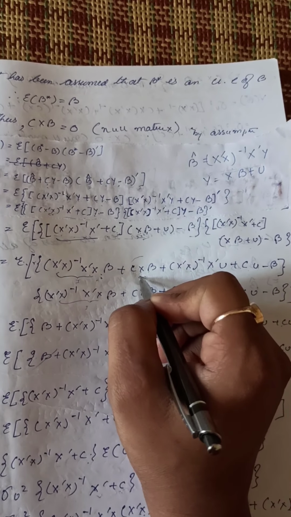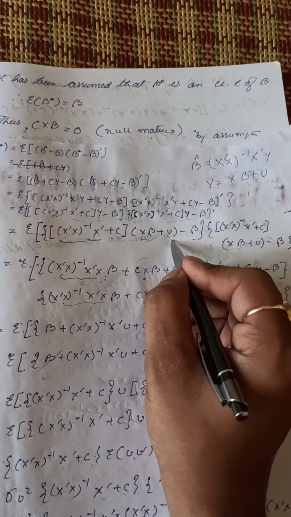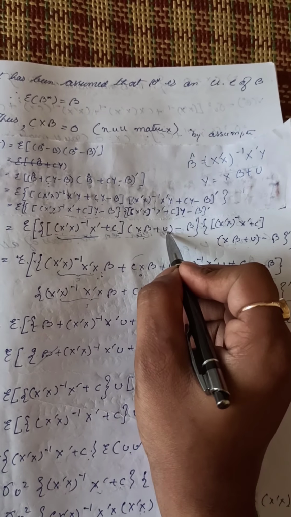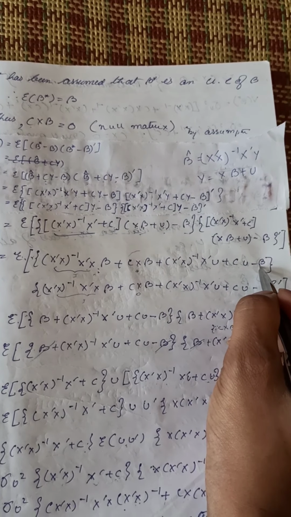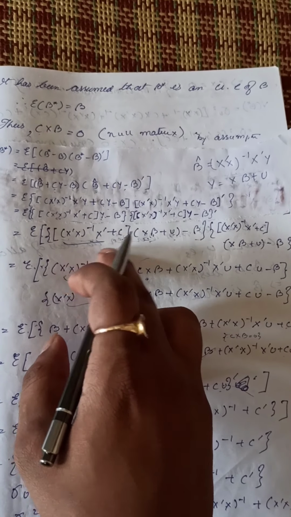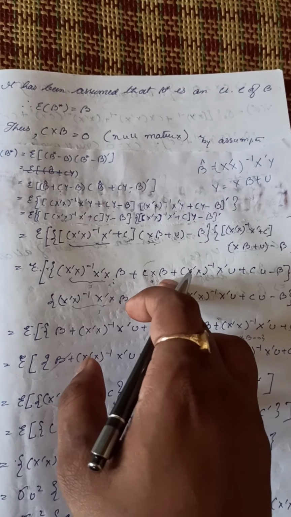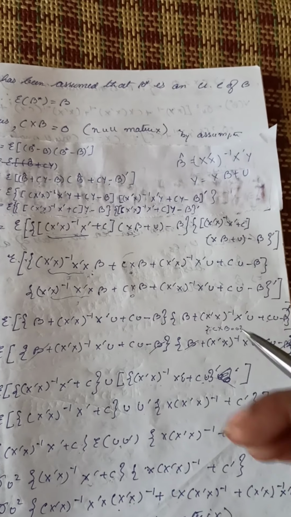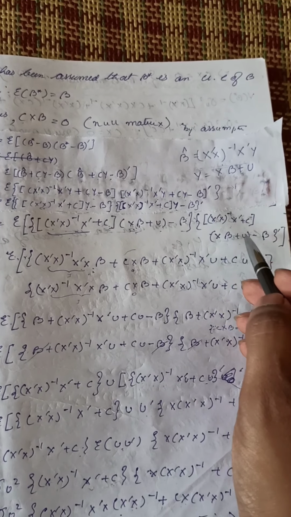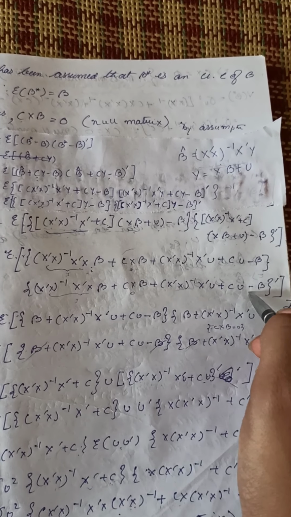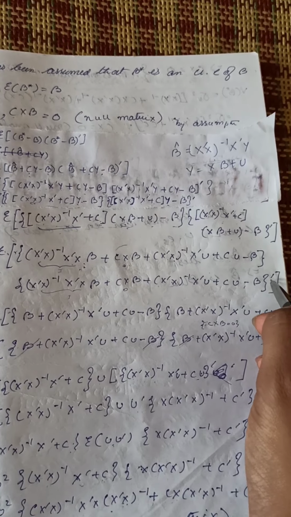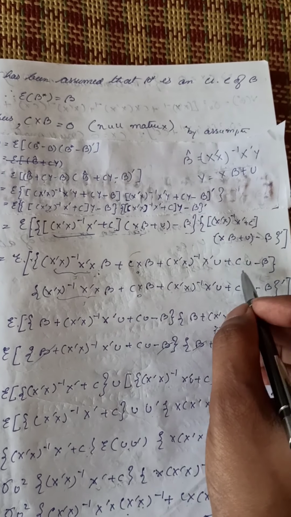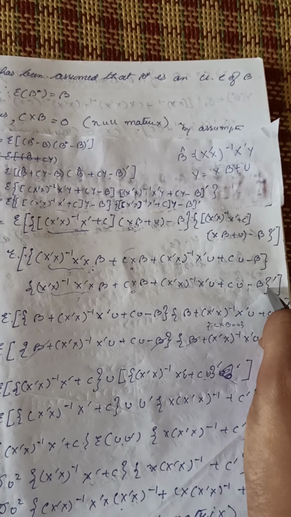Then again we are multiplying this term with this and this term with this. Okay, and last we have minus beta. So we are just multiplying these two terms with each other, and the last term minus beta is kept as it is. Similarly we will perform the same thing over here, and always remember to keep a transpose at the end. Okay, so this entire term, the second term, comes with a transpose.